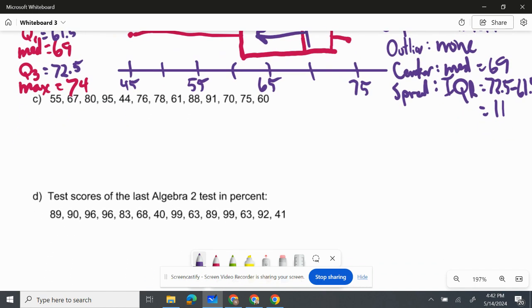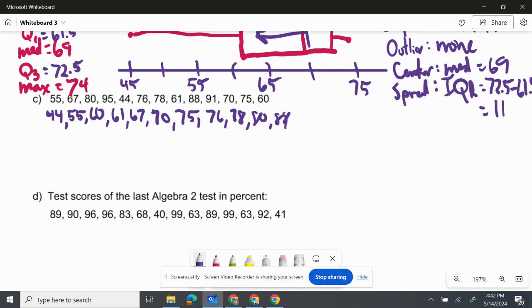So with letter C, what we're going to do is put the numbers in order. So we have 44, 55, 60, 61, 67, 70, 75, 76, 78, 80, 88, 91, and 95.